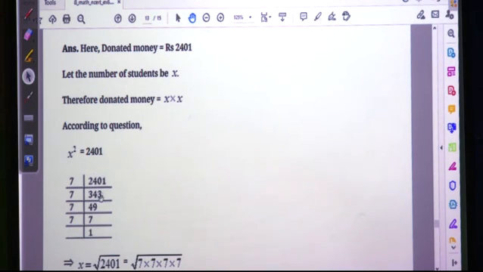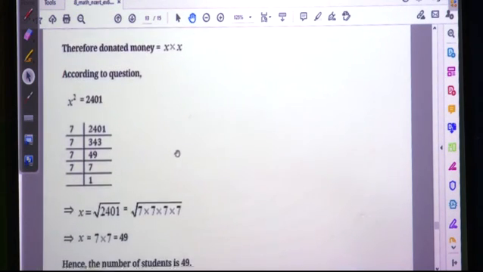7 3s are 21. Next, 7 4s are 28, 6 remaining, 7 9s are 63, 7 7s are 49, 7 1s are 7.